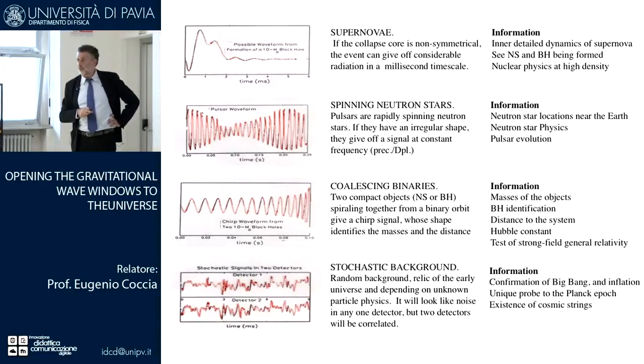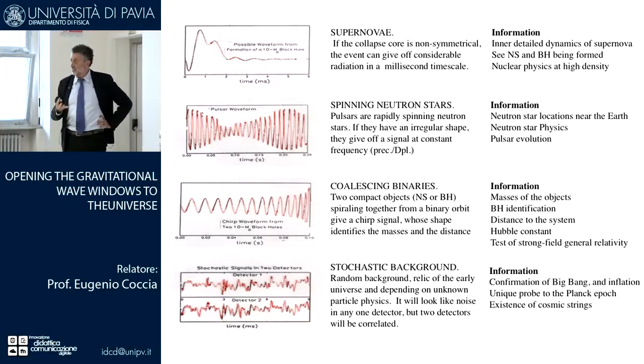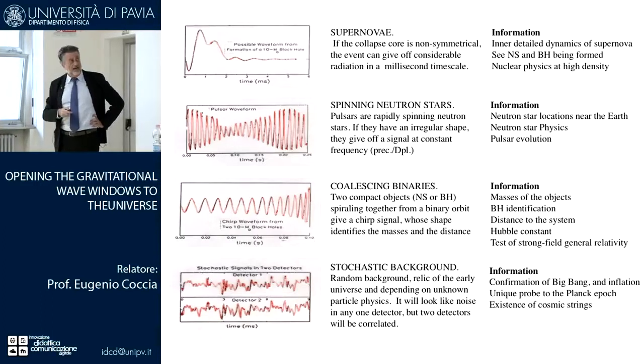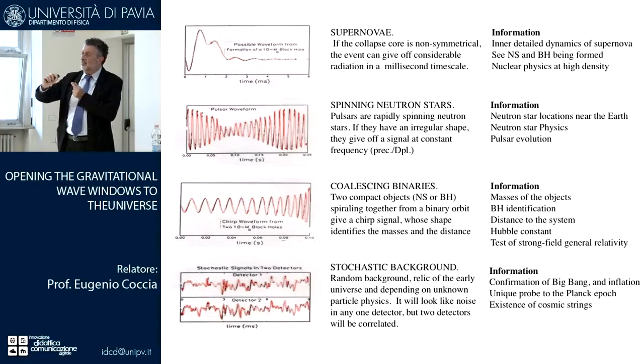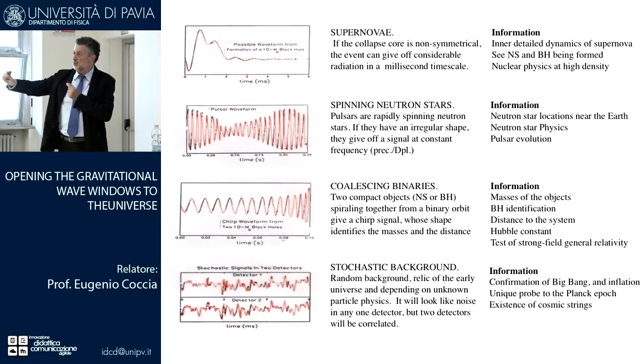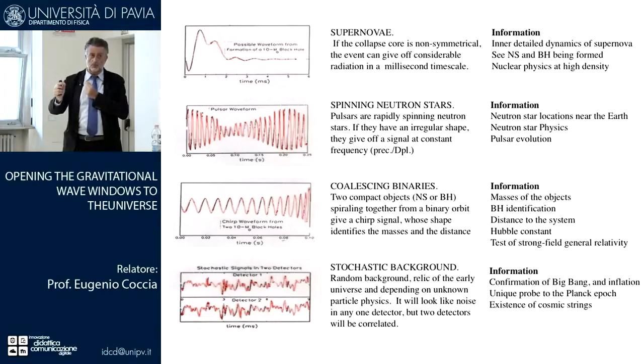And this shape tells us the masses of the two objects. And the amplitude at the moment of the merger tells us the distance of the source. Once you know the masses, then the amplitude at the end depends only on where the source is, if it is near or far. So it's a measure of the distance to the source.